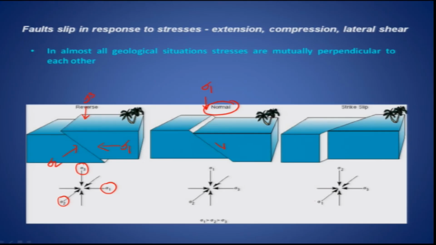And then the third one, the maximum stress is again oblique, but along the fault plane here. Okay, so this is again what we see, the movement along the strike, so they are termed strike slip faults. Okay, so you can refer to this and try to understand and remember how different stresses are important in classifying the different types of faults here.